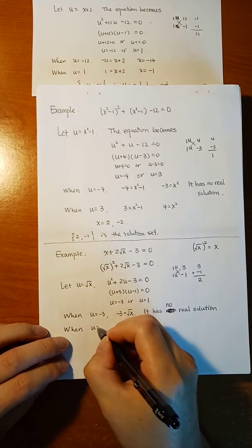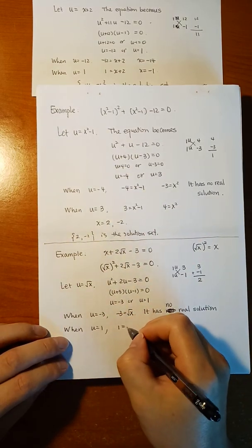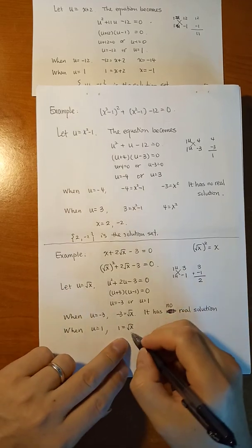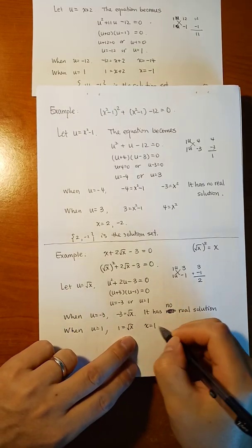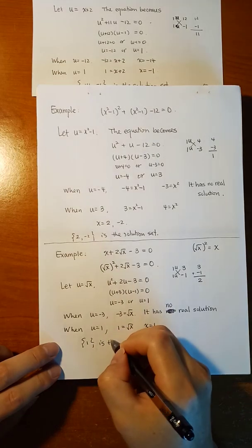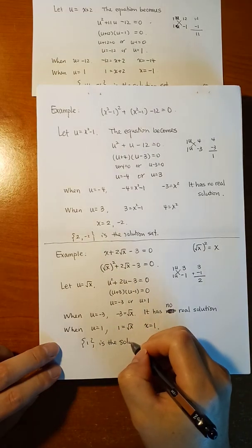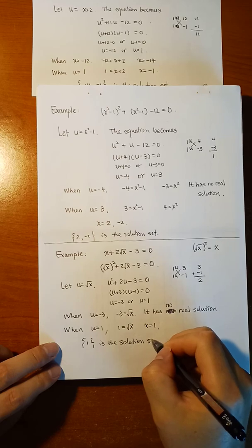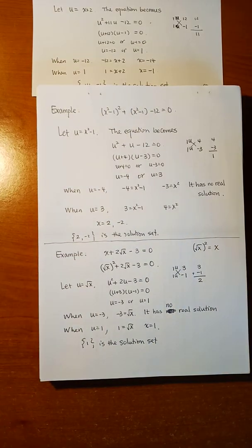Well, u is 1. 1 is square root of x. You square two sides, you get x equal to 1. So 1 is the only solution.